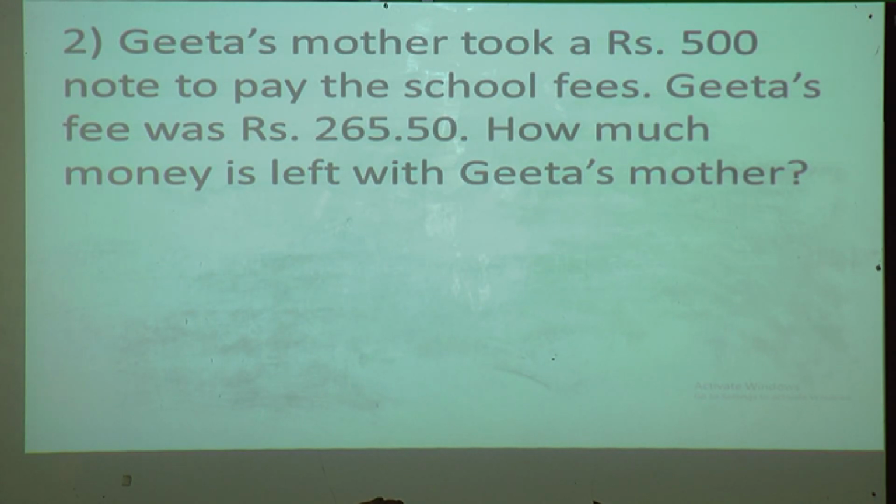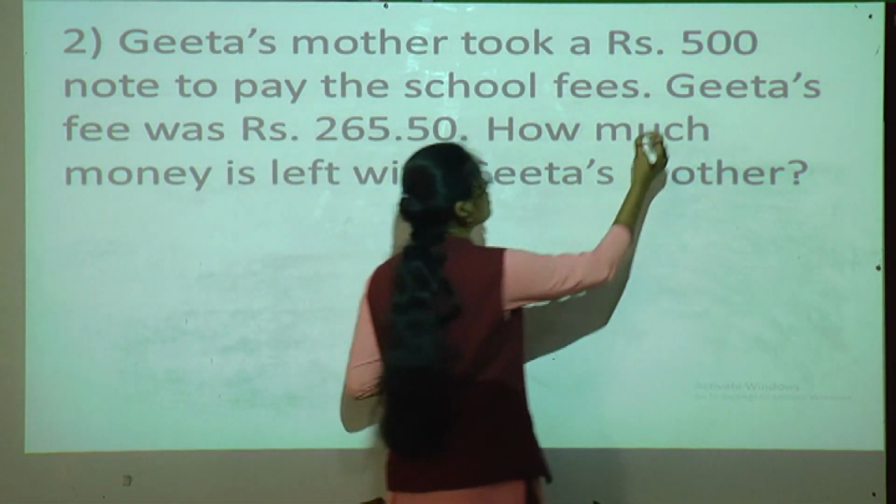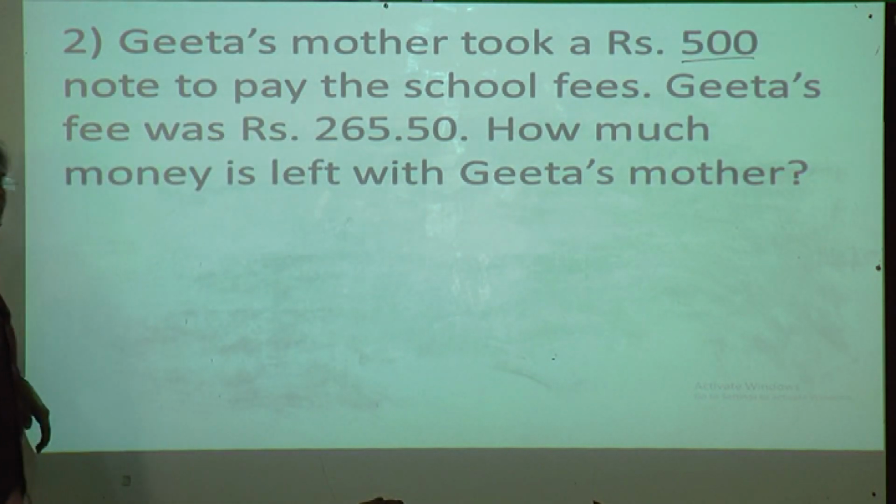See, how will you solve this? See the sentence, read the question carefully. Geeta's mother took a rupees 500 note to pay the school fees. Initially she was having rupees 500, and from that 500 she has to pay the school fees rupees 265.50.